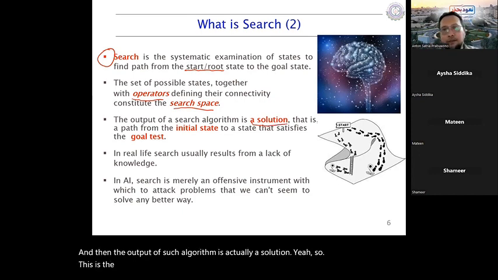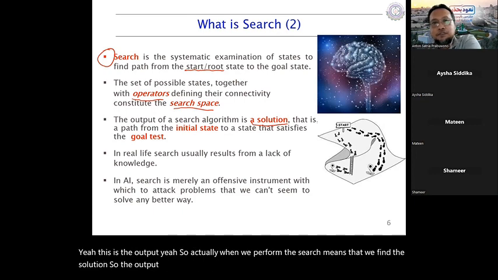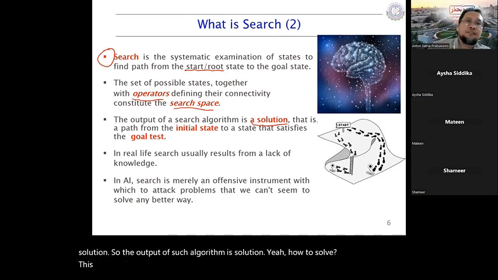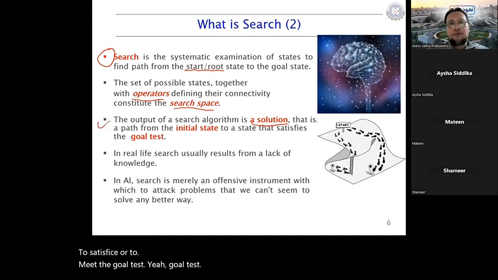So when we perform the search, it means that we find the solution. The output of such an algorithm is the solution: how to solve this problem, starting from the initial state, to meet the goal test. In real life, search usually results from lack of knowledge.